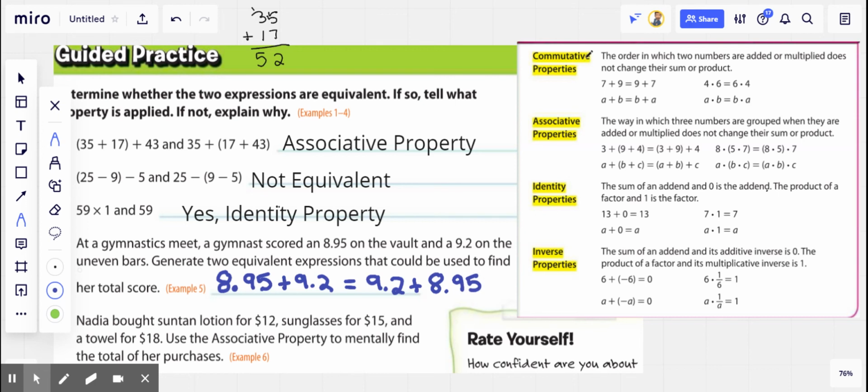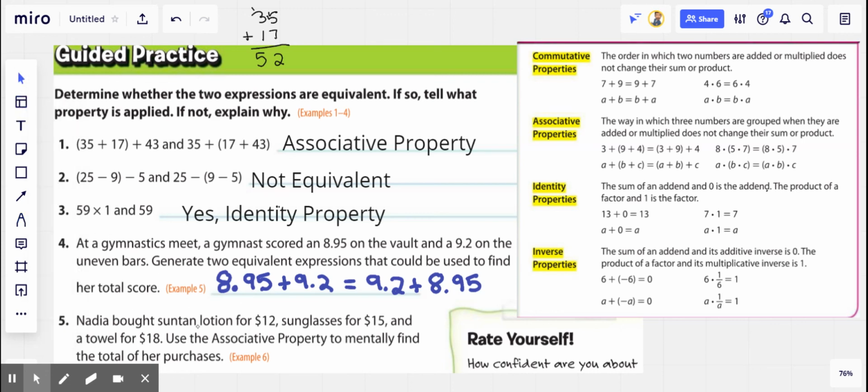So that is the commutative property. No matter the order in which numbers are added or multiplied does not change the sum or product. So we have numbers, we added them, and we changed the order, they still equal the same. So that would be commutative. All right, and let's look at the last one.